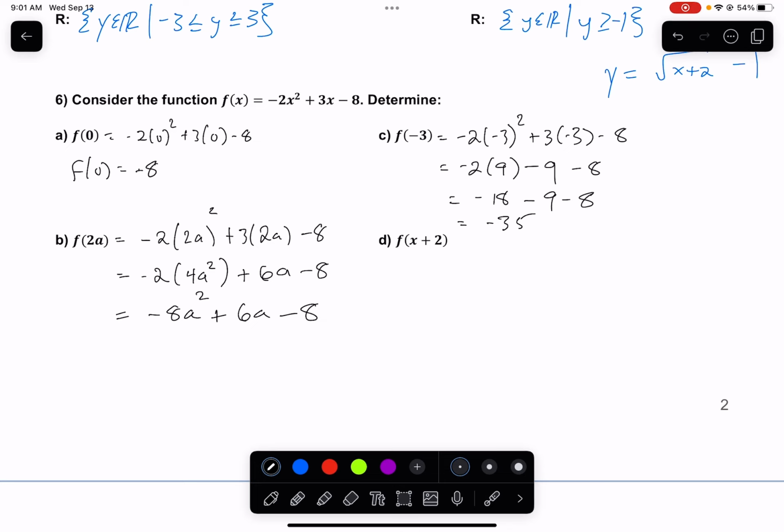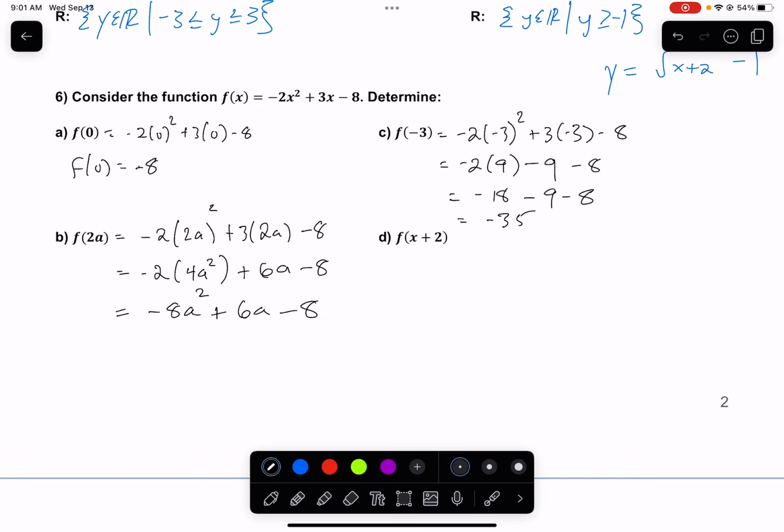And the same thing here, just evaluating. Taking a function, putting it inside of another function, seeing what it spits out.